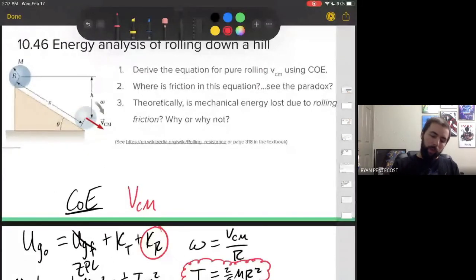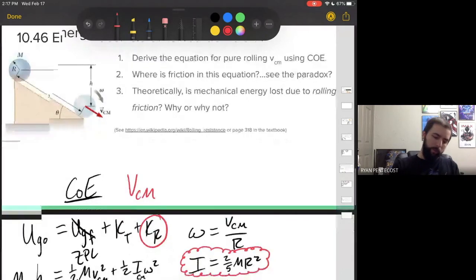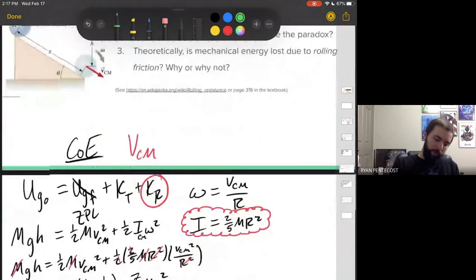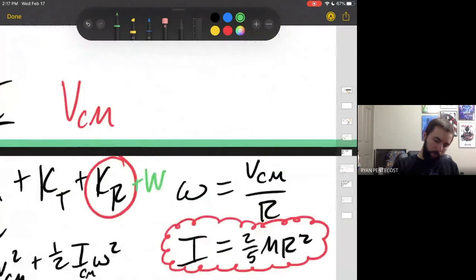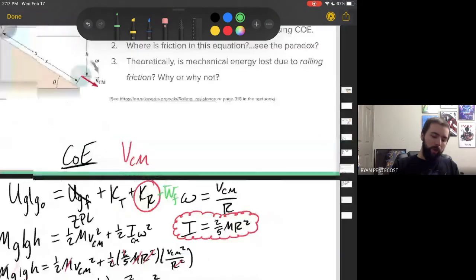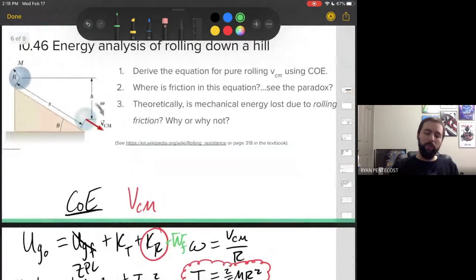Now, where is friction in this equation? So friction is not there, right? Usually we have some kind of work of friction off to the side. We'll have plus work friction, but that's not there. That's because it's rolling at point P, not at the center of mass, which is confusing. But we're not going to take into account this friction because the friction is not going to take away energy.